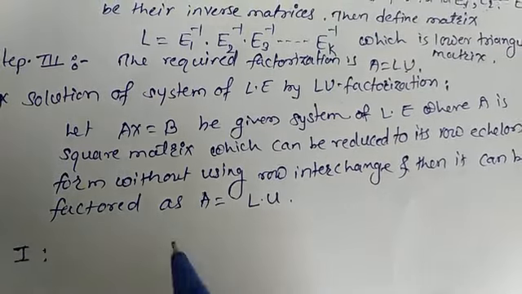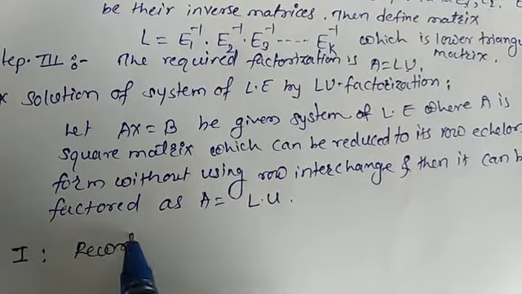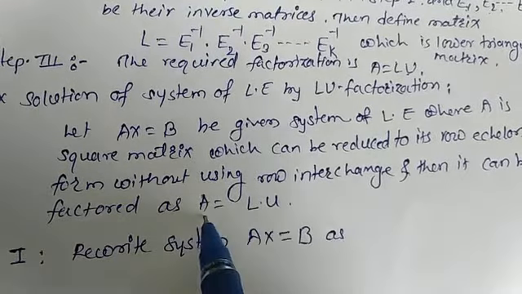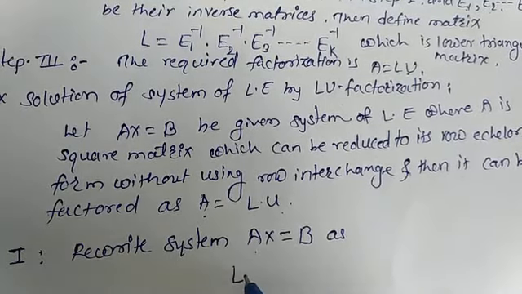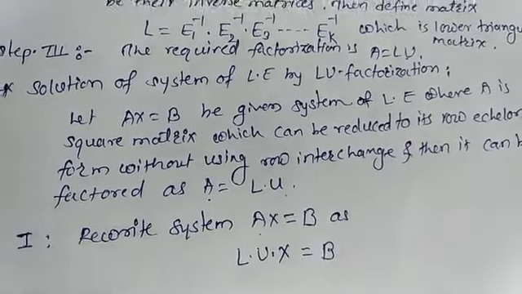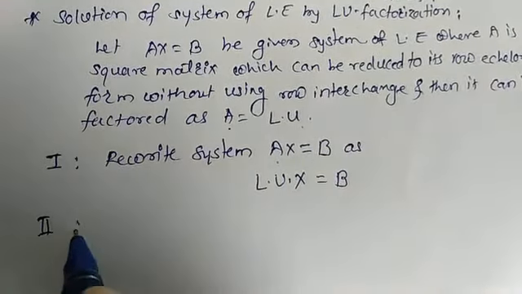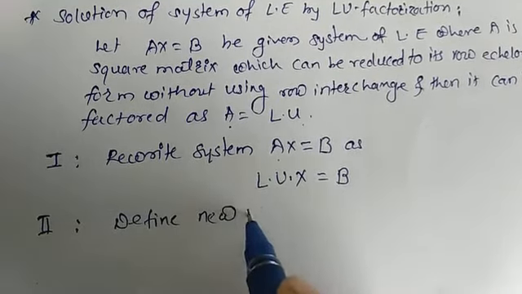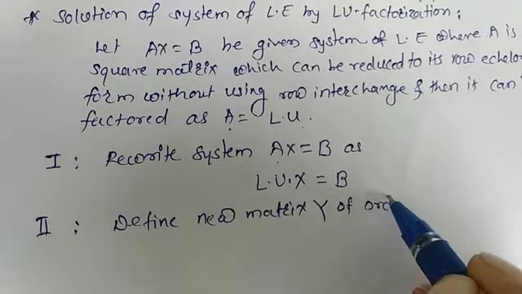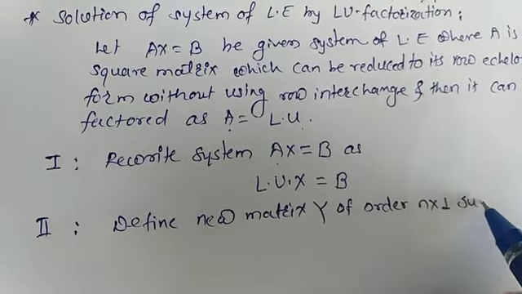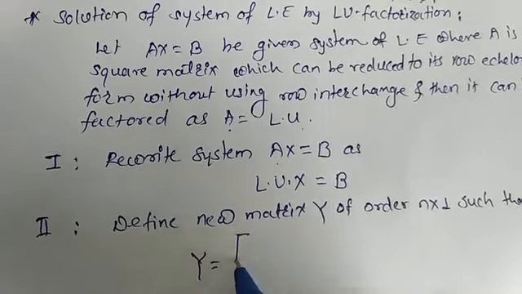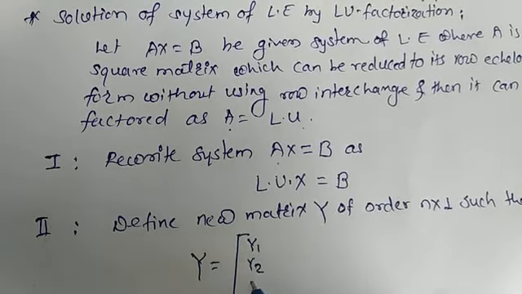Step number 1: rewrite the system Ax is equal to B. Here A is equal to LU, we put the value in this, so we get L into U into X is equal to B. Next, step number 2: define a new matrix capital Y of order n cross 1, such that Y is equal to Y1, Y2 up to Yn.